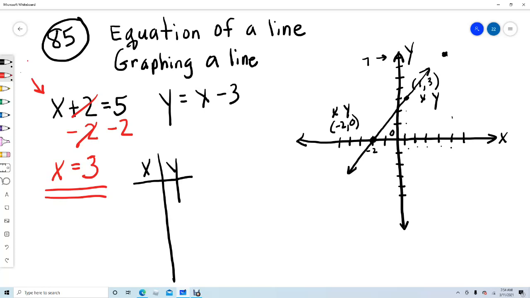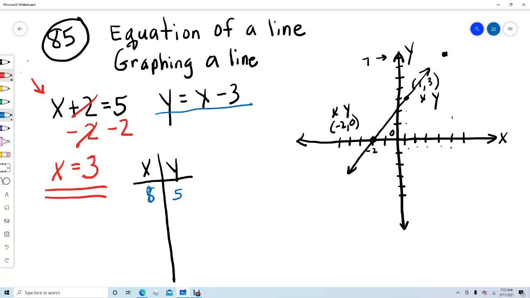So if I were looking for solutions to this equation, I would say, when y is 5, what is x? Well, x is going to be 8.